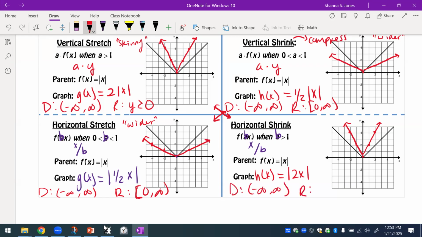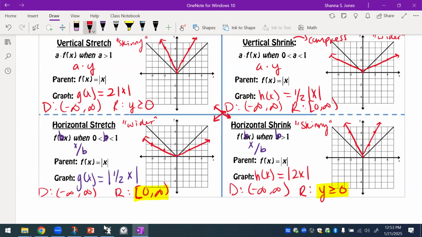And the range, just so we get used to it, is y is greater than or equal to 0. Remember, these two things mean the same thing, just written two different ways. Okay? Oh, I forgot to write skinny. Skinny and fat. Whatever helps you remember.